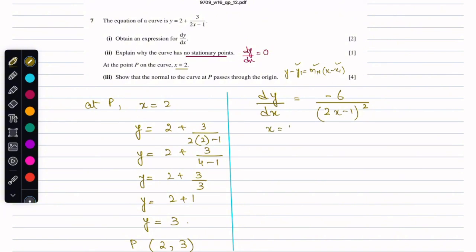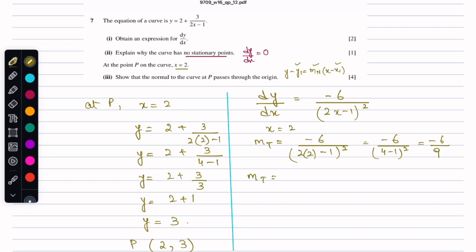I know the x, it's 2, so I can get the gradient of the tangent, which is going to be negative 6 divided by (2 times 2 minus 1) the whole squared, or negative 6 divided by (4 minus 1) the whole squared, which gives negative 6 over 3 squared, which is 9.